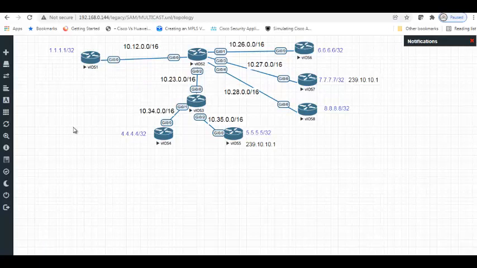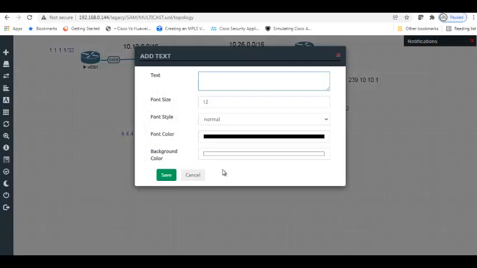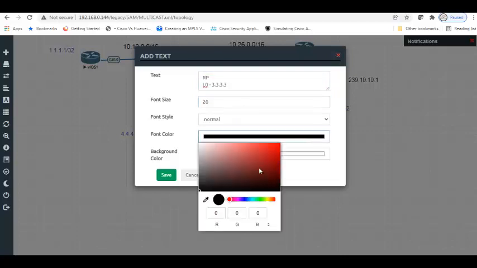So what I'll do is use R3 as the rendezvous point, as we discussed, and I'll use R3's loopback interface 3.3.3.3 as the address to identify the rendezvous point, and this address should be reachable from everywhere.